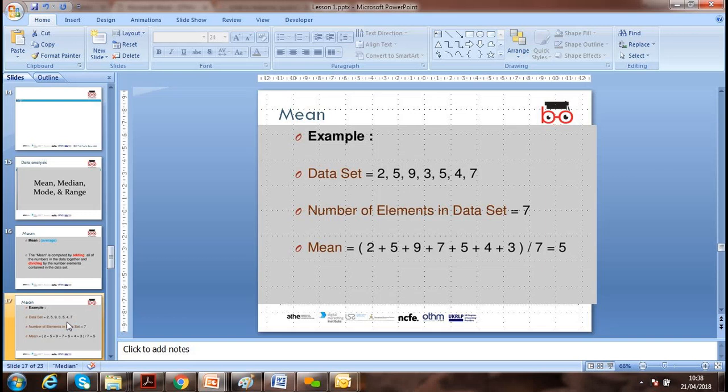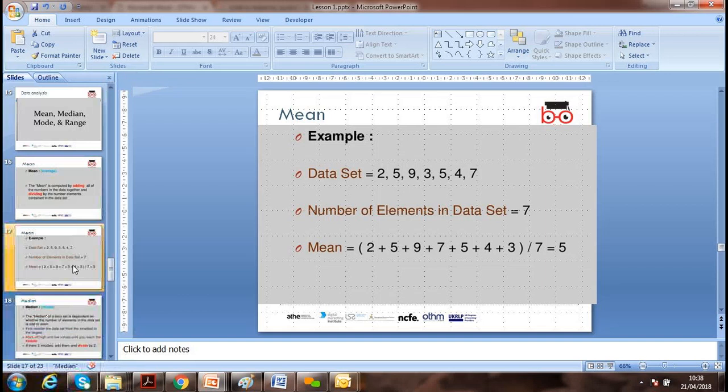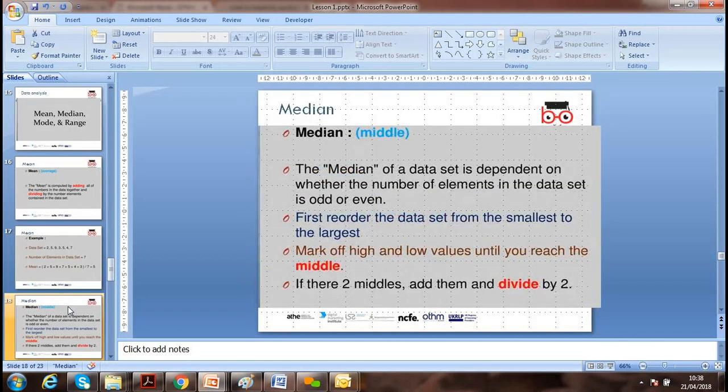Any questions? No. Okay, so next we're looking at the median. We're not going into more detail on statistics.